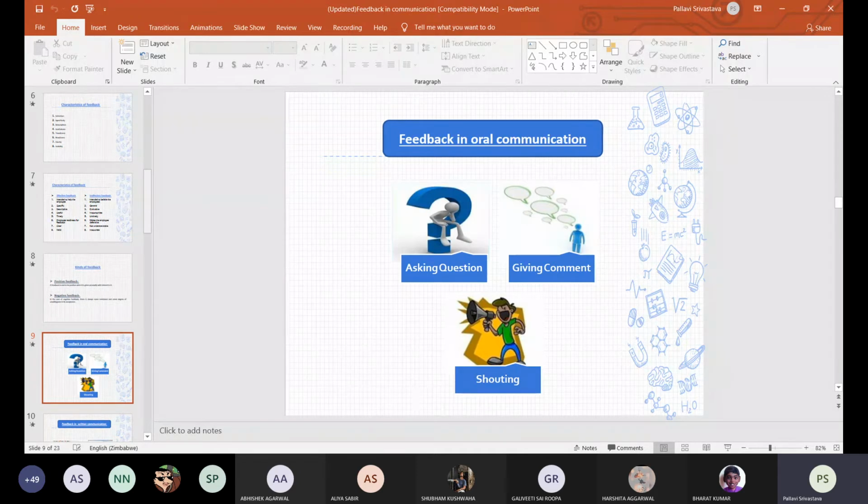So if it is over telephone or if it is face to face, here also when you people do not give any reply, then we are concerned whether you are getting it or not. In the same manner, it happens in oral communication as well.